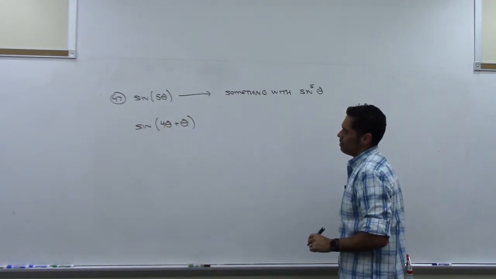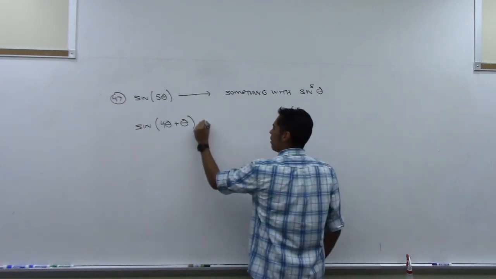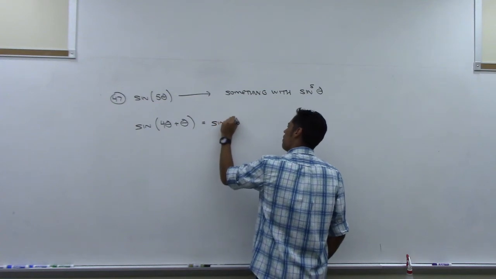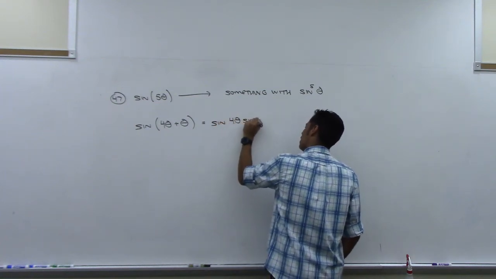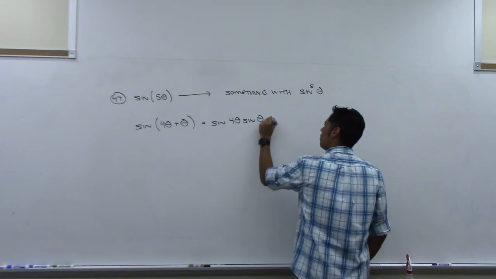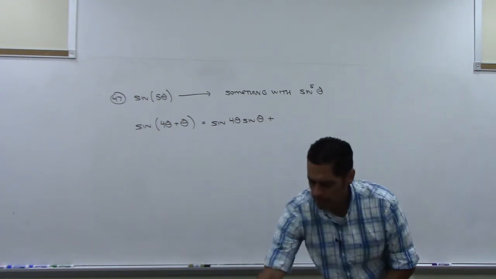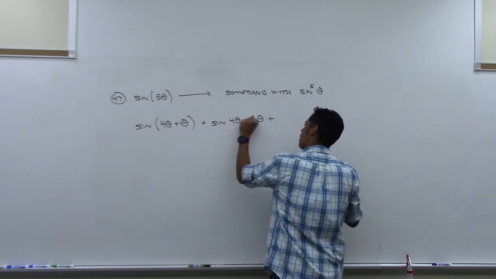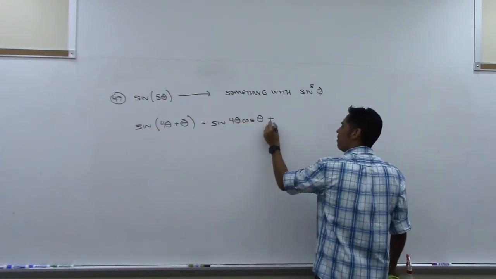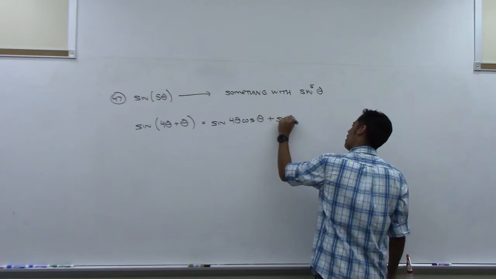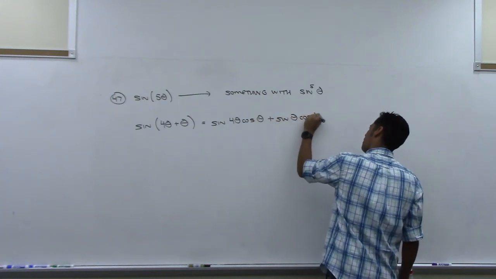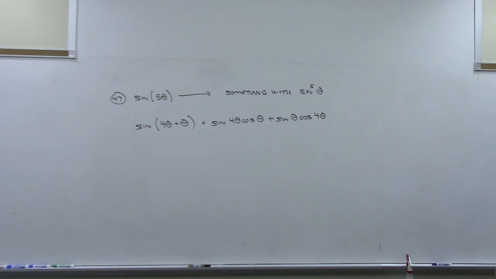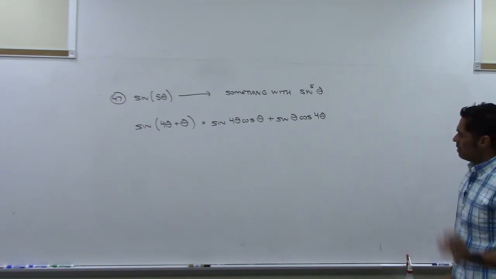It is, right? 4 theta plus theta is 5 theta. Now, according to the sum formula, this is sine of 4 theta cosine of theta, plus sine of theta cosine of 4 theta. So that's just using the sum formula for sine.